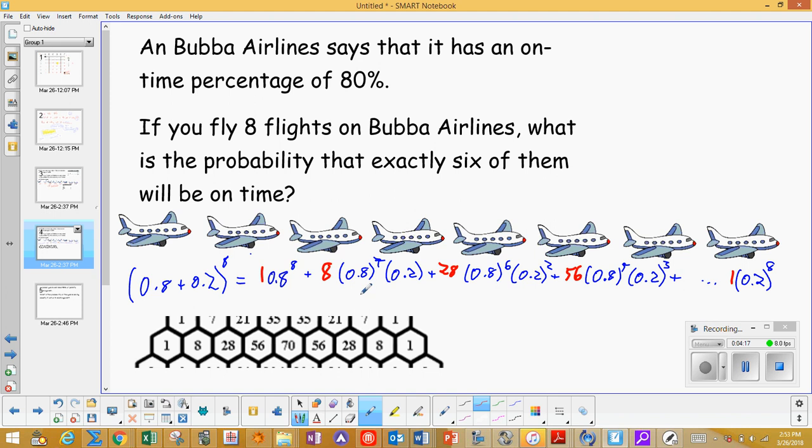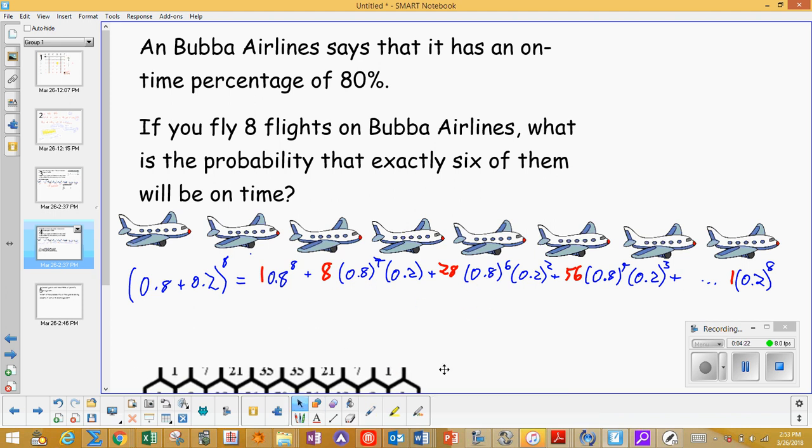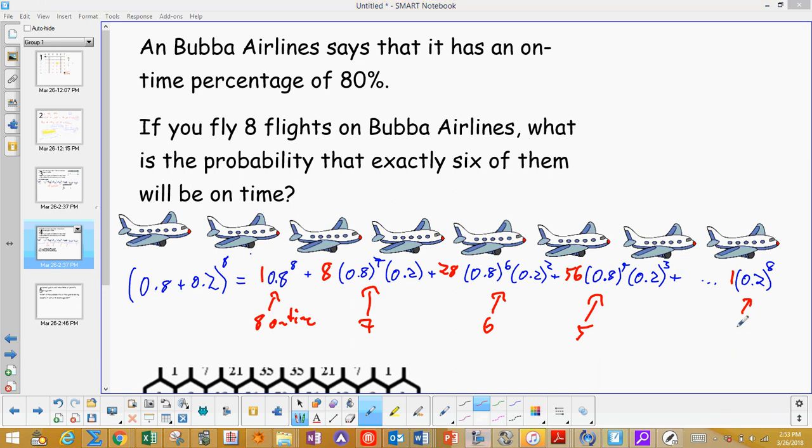Each of these terms gives me a different piece of information. This is the probability of 8 on time, this is the probability of 7 on time, this is the probability of exactly 6 on time, and 5 on time, and if I count all the way down, this is the probability of 0 on time. If I add up all those probabilities, I get a 1.